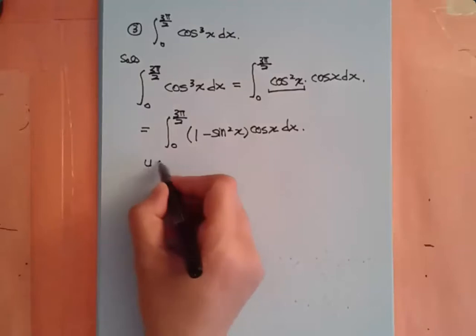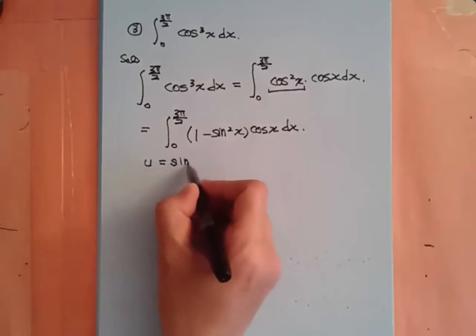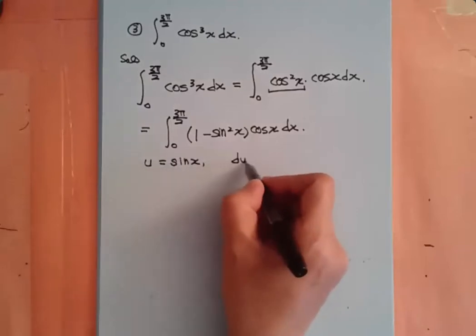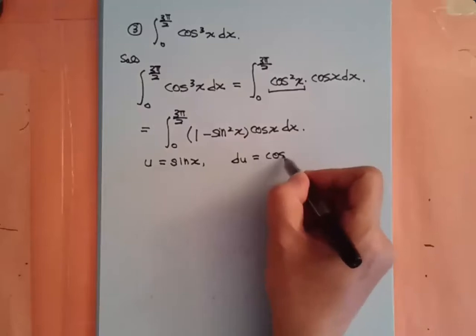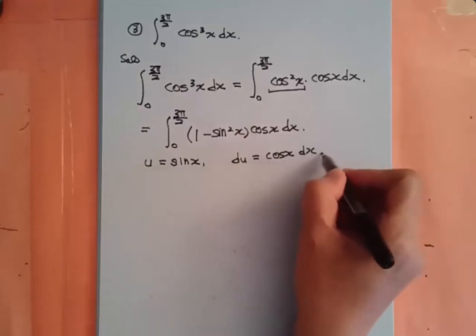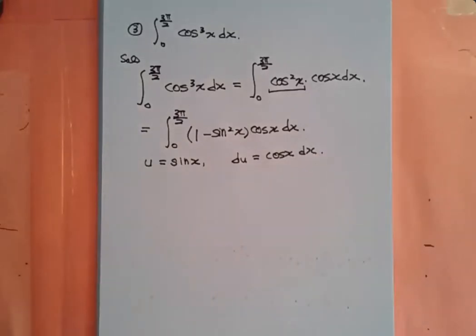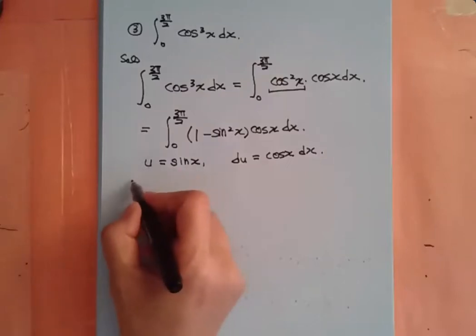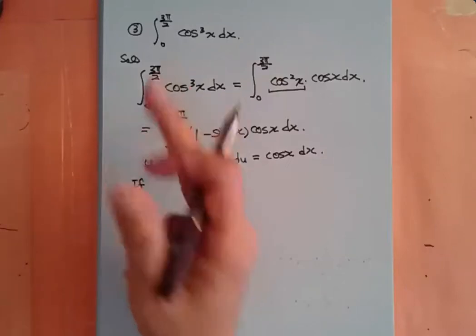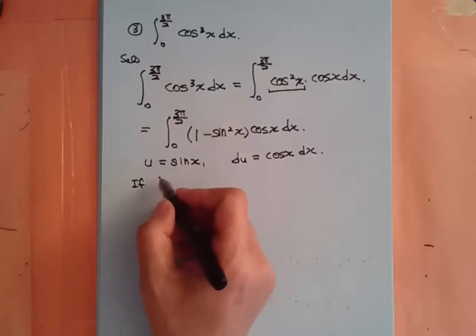So u equals sine of x, and du equals cosine x dx. And we are changing the variable, so we have to change the lower and upper bound of the integration.